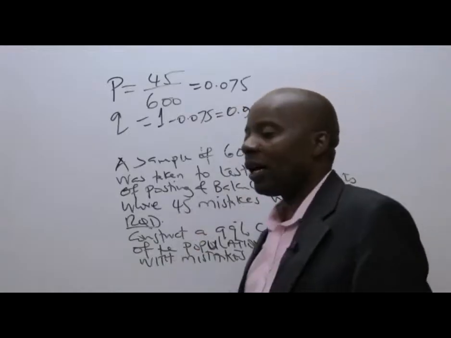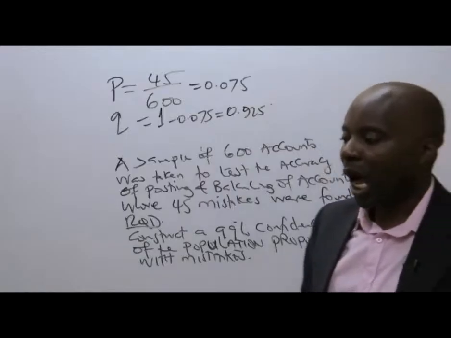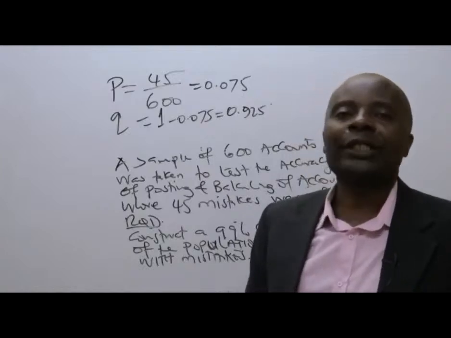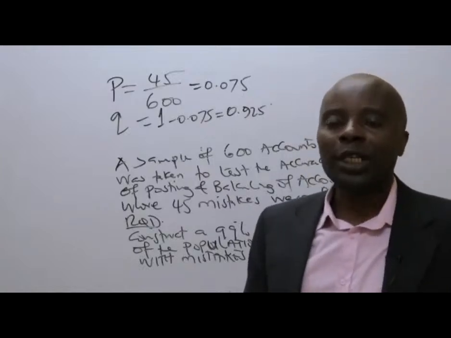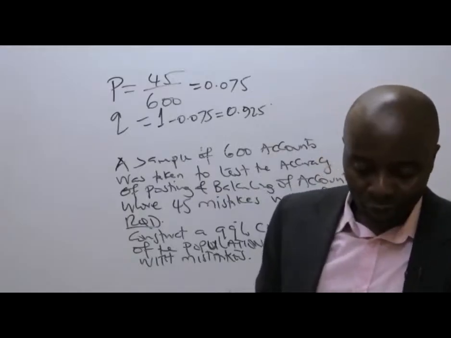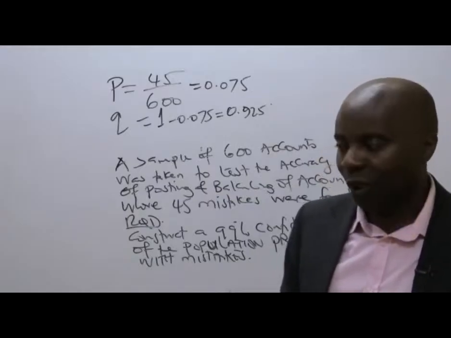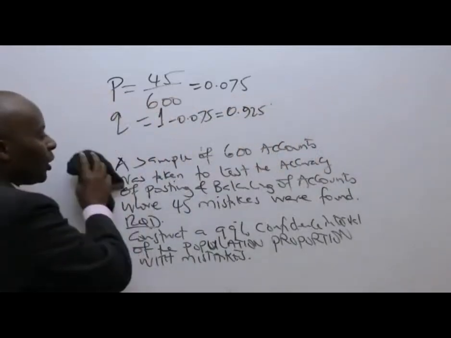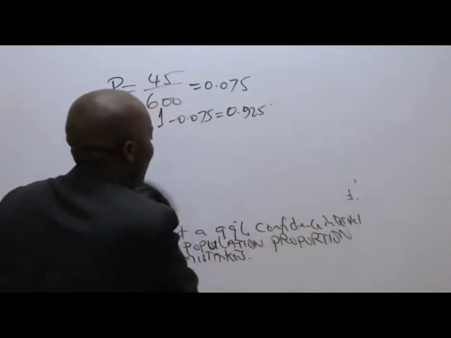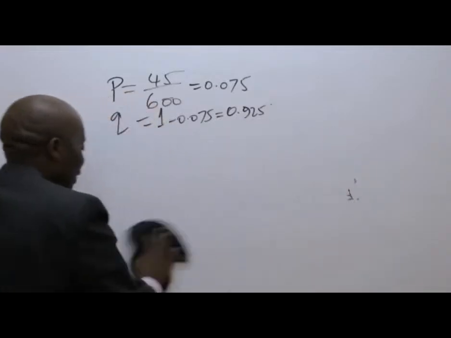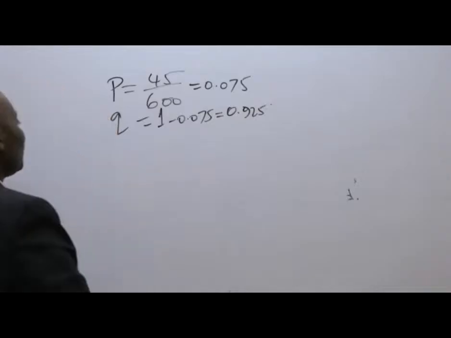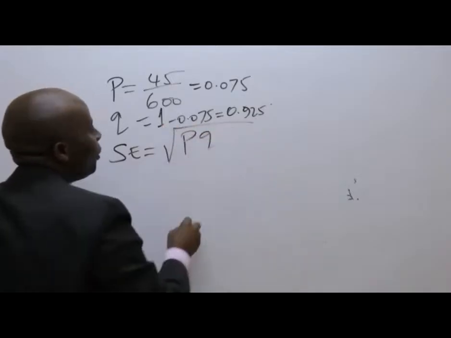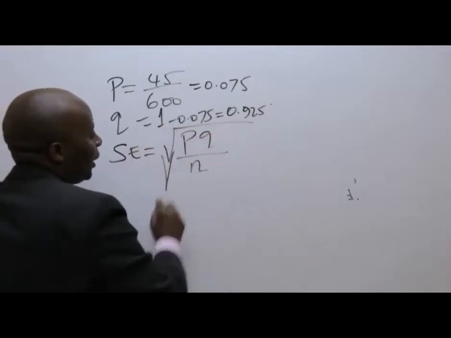Now, having gotten P and Q, I expect you to go ahead and calculate for us the standard error. Who is able to calculate that standard error for us? The standard error in case of proportions will be obtained by getting a multiple of the two, and then dividing.